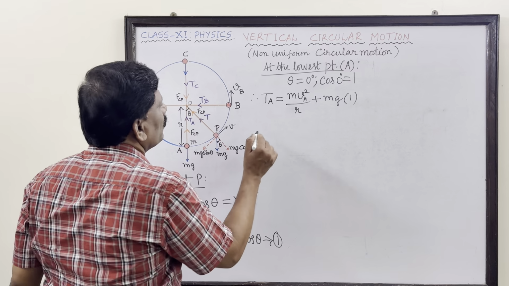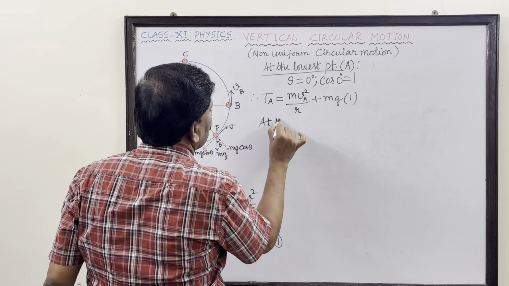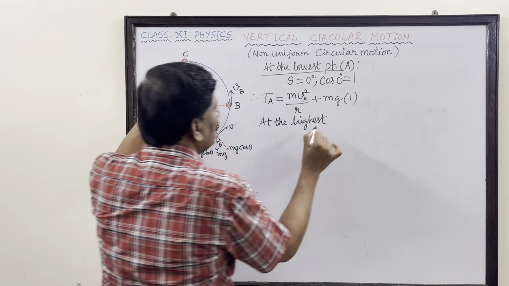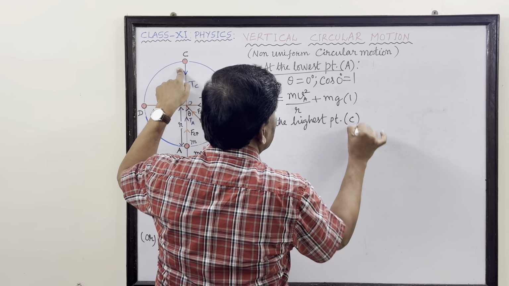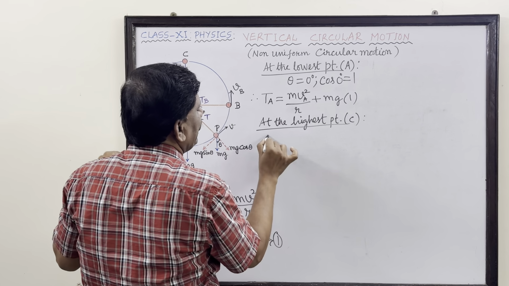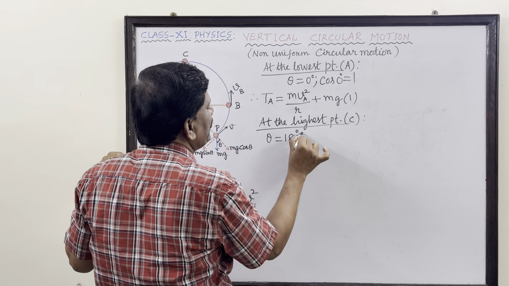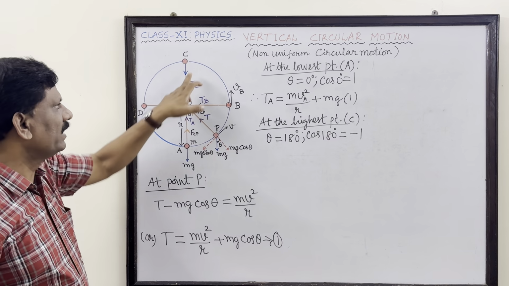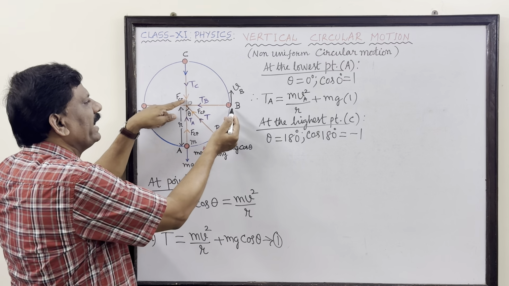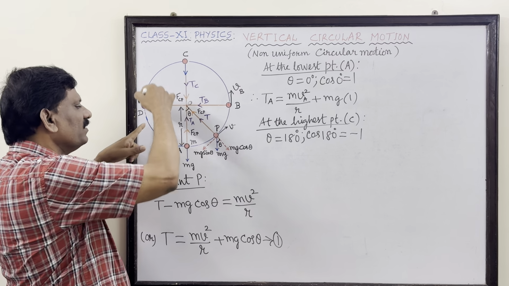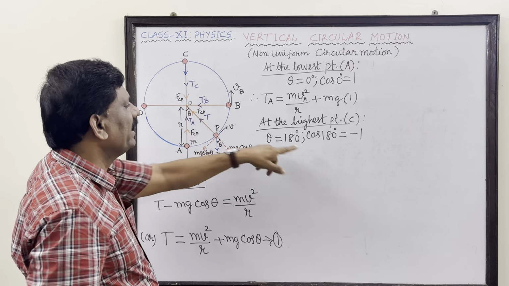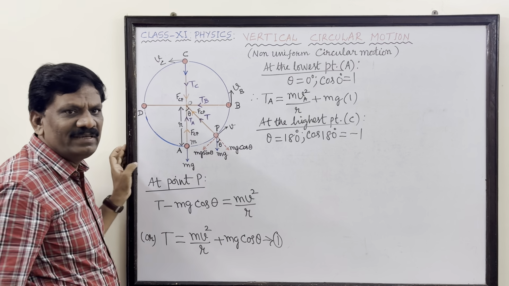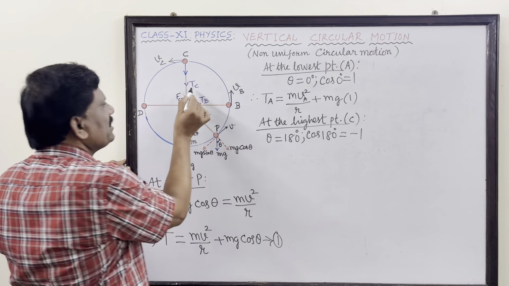Now at the highest point, which in this picture is C, the angle theta is equal to 180 degree and cos of 180 degree is equal to minus 1. As theta increases from 0 to 90, then 90 to 180, then 270, then 360, at the highest point C the velocity is the minimum. So it is taken as VC, and the tension is taken as TC.